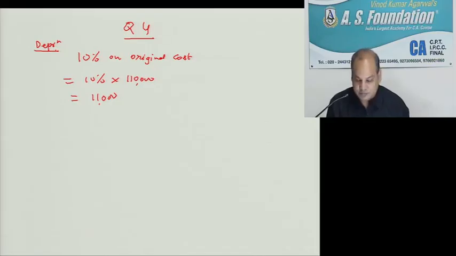If book value is 0, sale value is 20,000, entire 20,000 is the profit. Next line, tax rate is 50%. You are required to advise as to which option is better.